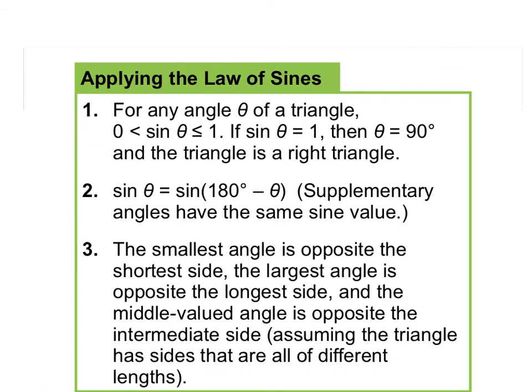For any angle of a triangle where sine of theta is between 0 and 1, if sine of theta is 1, well, that meant you have a 90-degree triangle. It's a right triangle. If sine of theta equals sine of 180 minus theta, well, what does that imply? If they're both the same, that means they were supplementary of each other.